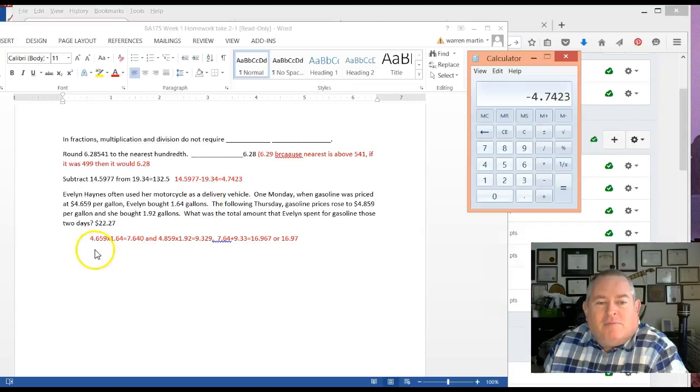Then the word problem. You have the gallons at their prices, and this is how you would do it. You put in the dollar amount times the 1.64 right there, and that gave you 7.6. For the second part, you do the same thing, the 4.8 times the 1.92, and it gives you the 9.